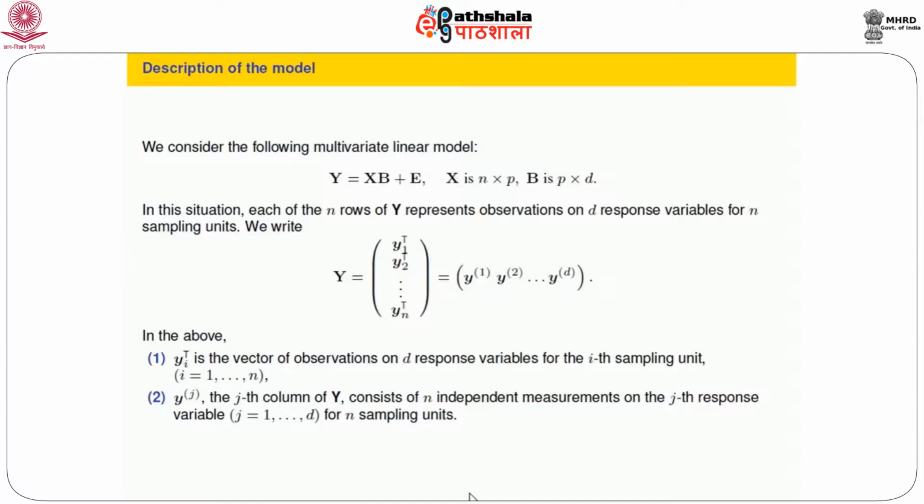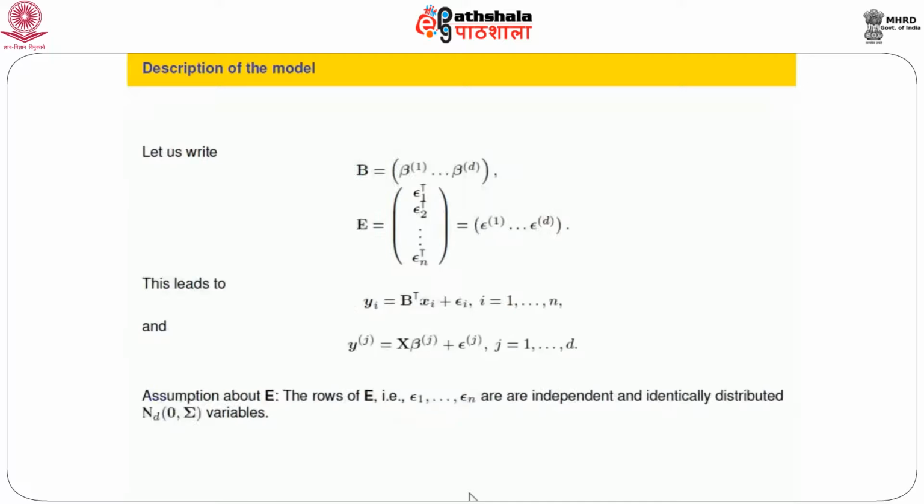And for a fixed row, if we proceed along the columns, those are for the ith sampling unit, the d response variables that we have data on. And let us now write B is equal to beta superscript 1 through beta superscript d. The rows of the capital E matrix are denoted by epsilon 1 transpose up to epsilon n transpose.